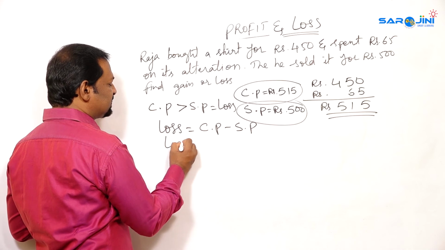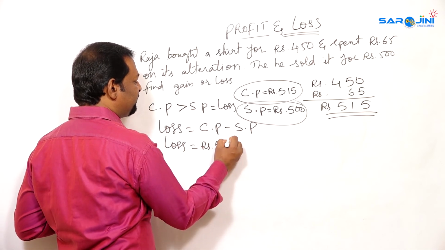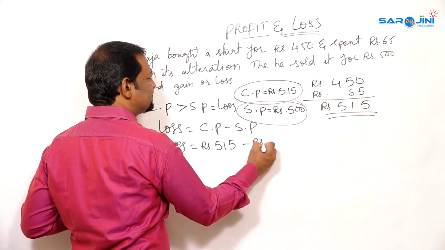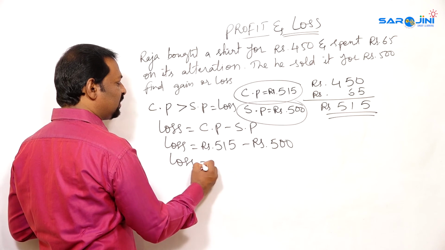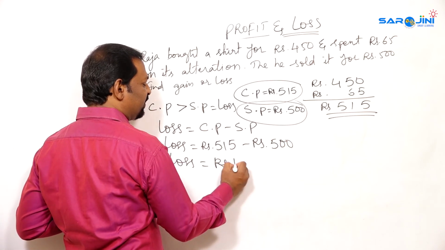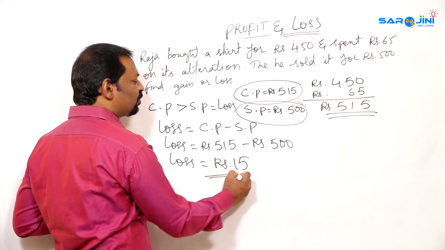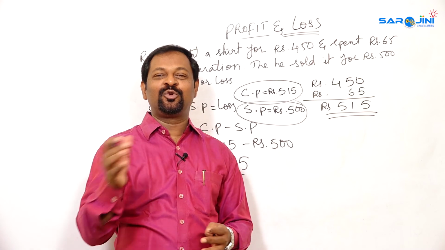So loss is equal to cost price, rupees 515, minus selling price, rupees 500. From 515, if you remove 500, 15. So 15 rupees is the loss for him after purchasing and doing alteration.